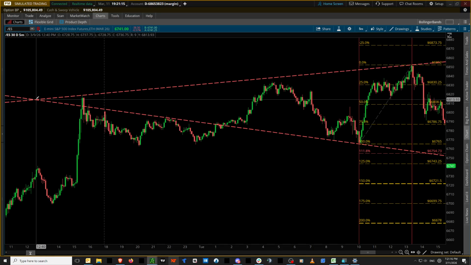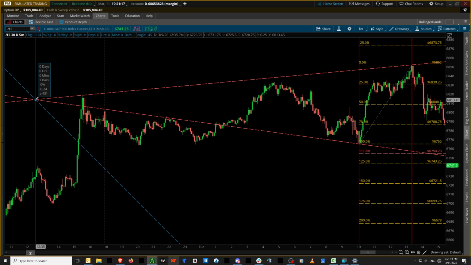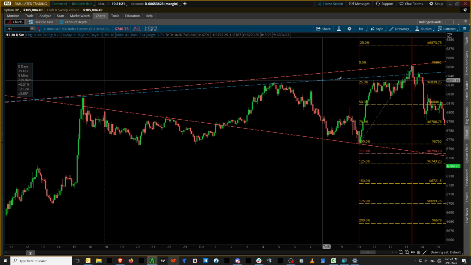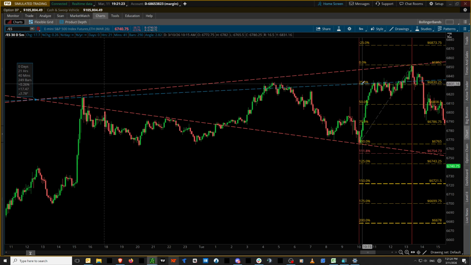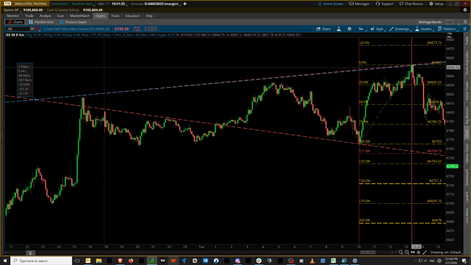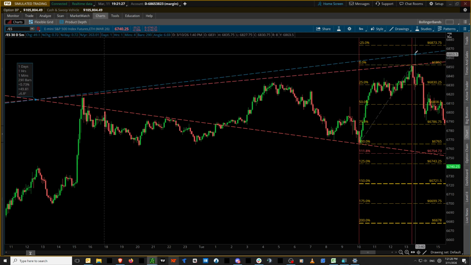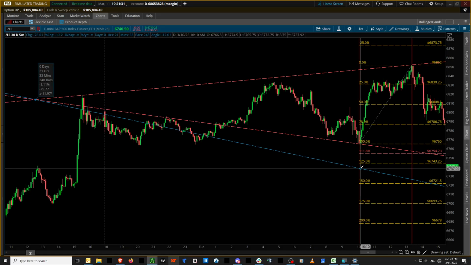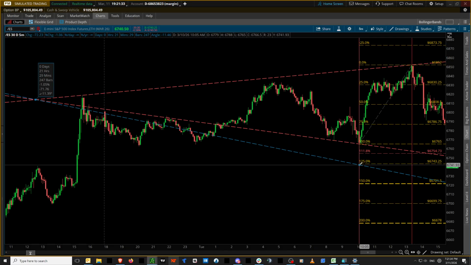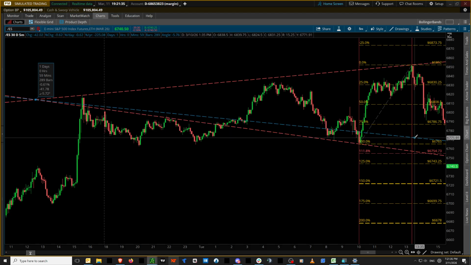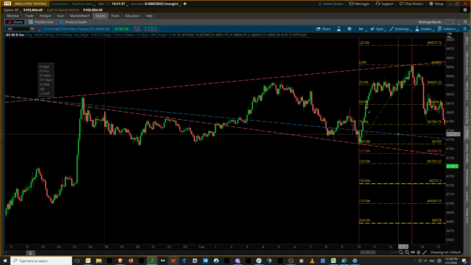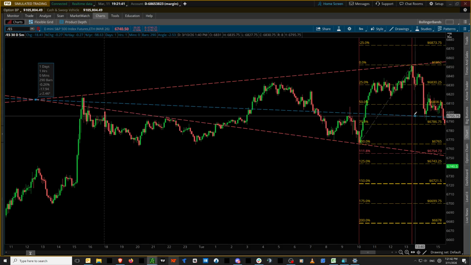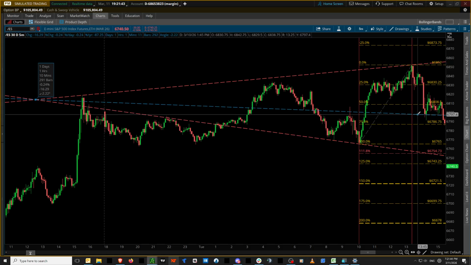I'm going to draw from the vertex, and I'll come over to the right. And I am going to follow the rightmost line. Notice I got two lines. In this case, one is the lowest low, then I got the highest high. Other times it's backwards and the high may be on the left and the low on the right. It doesn't matter. I'm going to follow the line on the right.